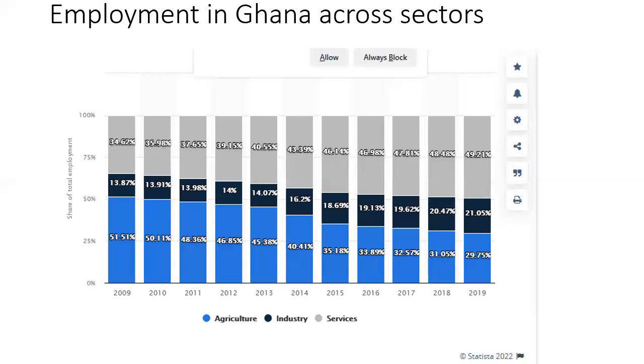So you can tell that now Ghana is no more an agrarian economy, because we are producing less, and agriculture is not the major contributor of our income anymore, and that is why we are having fewer people being employed in the agricultural sector.